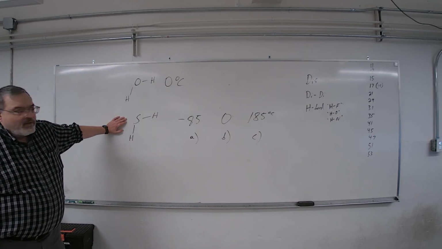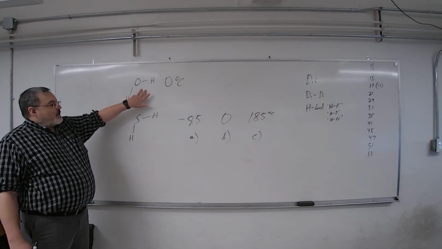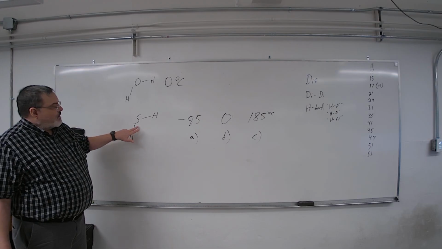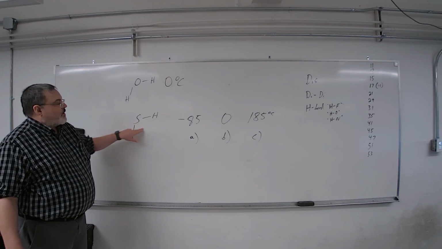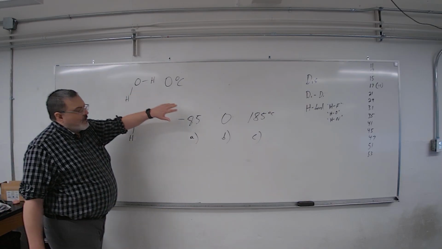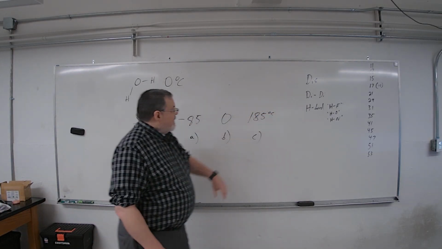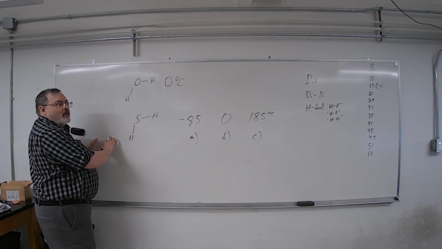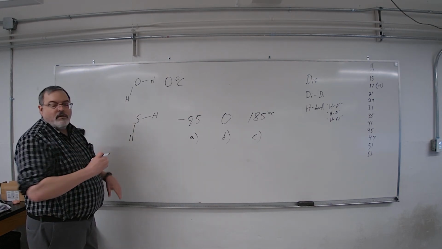A. It would be A. These have hydrogen bonding. This does not. They both have dispersion. S to H, I can't remember if that's polar or not. But the point is, these are going to stick to each other so strongly because of the H bonding, and this doesn't have H bonding. This one is necessarily going to be lower than water.